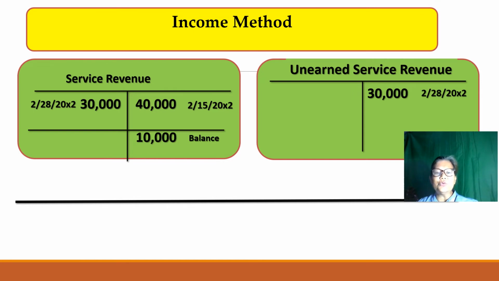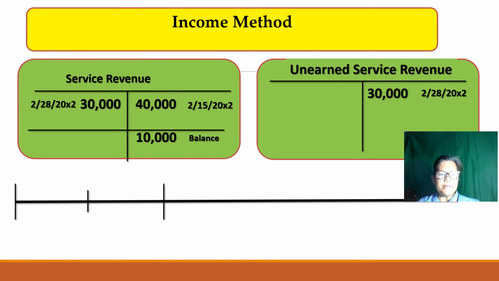And therefore, it shows that the unearned service revenue is 30,000. Because before, on February 15, only the account service revenue was used. So in order to adjust, we are going to use another account, which is unearned service revenue, to split the service revenue of 40,000. Okay?